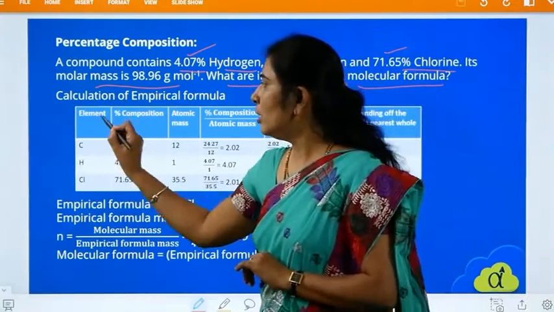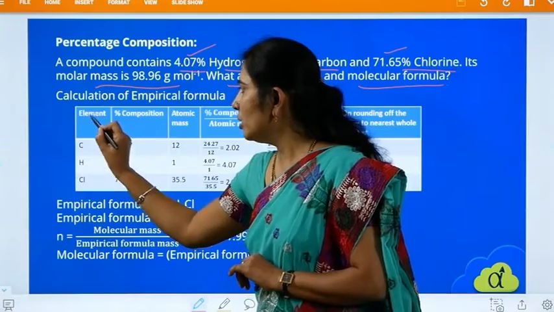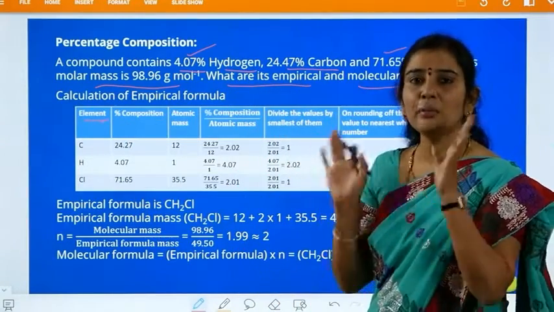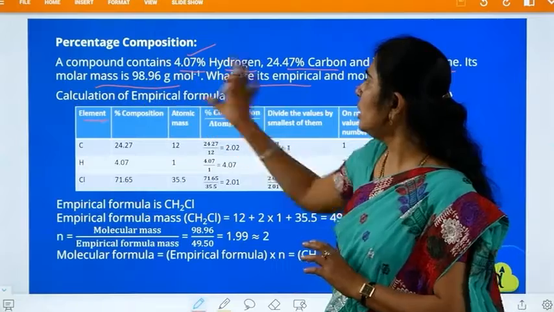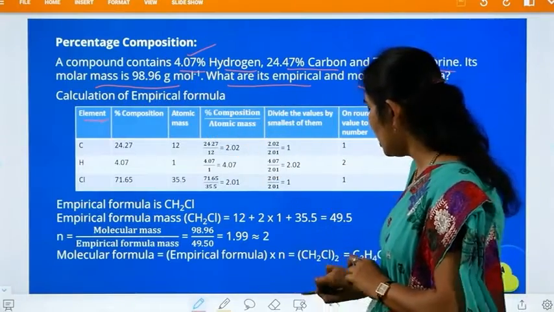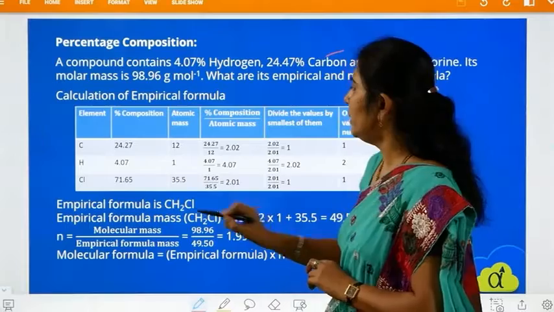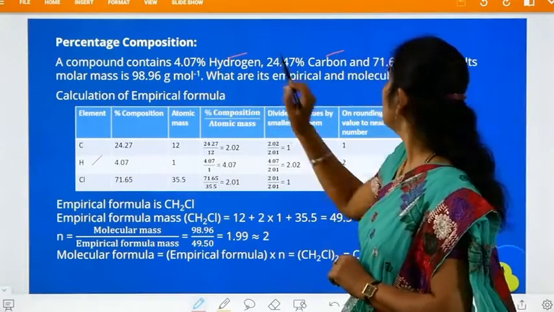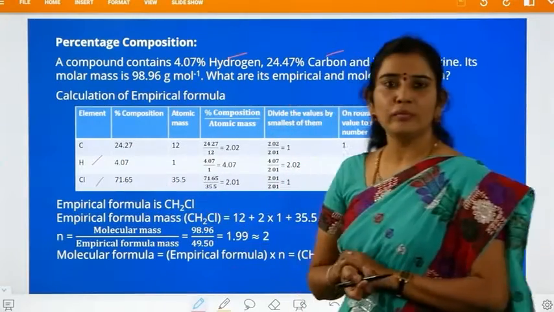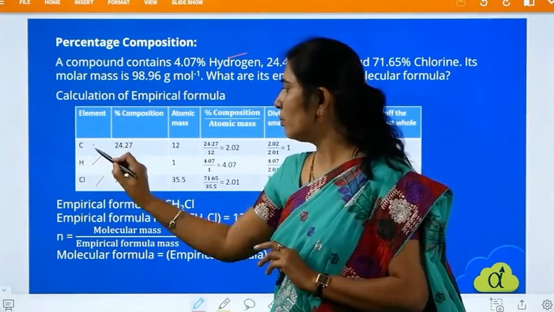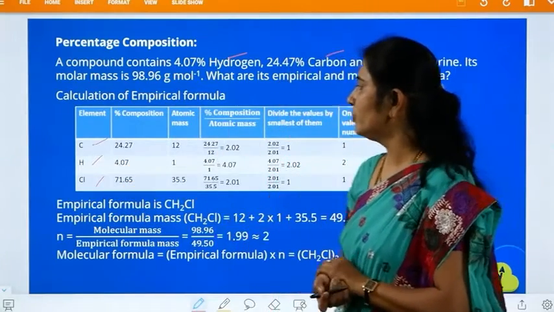In the table, the first column is the element. What are the elements composing the given compound? Carbon, so first you write carbon. Then hydrogen. Then afterwards chlorine. So the given compound comprises 3 elements: carbon, hydrogen and chlorine.